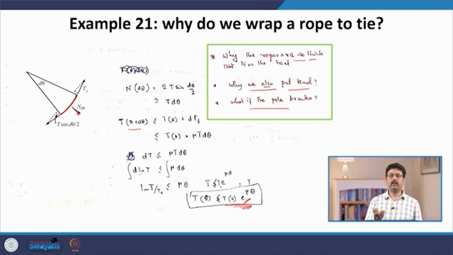I invite you to think about these interesting questions, and in the next week we are going to discuss a new topic. But before that, let us summarize what we have discussed so far. We have looked at two kinds of friction. This week we reviewed the two kinds of friction and the basic Coulomb's law of friction between two solid surfaces.